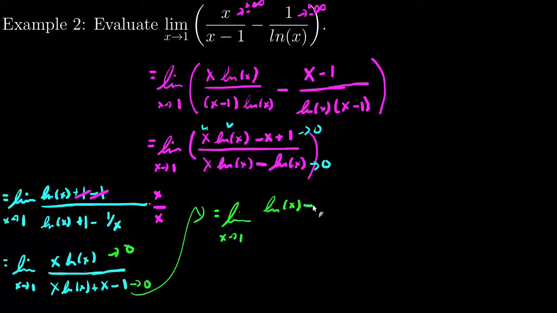Natural log of x plus 1 divided by the derivative of x natural log of x, which is natural log of x plus 1. The derivative of x is 1. The derivative of negative 1 is 0. And finally, when I put in 1 here, natural log of 1 is 0, plus 1 is 1. Natural log of 1 is 0, plus 1 is 1, plus 1 is 2. And this limit approaches 1/2.